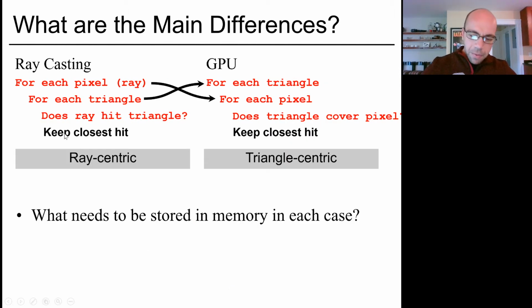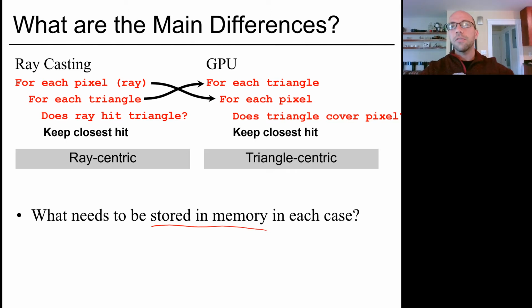So let's compare ray casting and ray tracing to the GPU-based rasterization methods. One of the really critical considerations that we might use to compare these different options is to ask what needs to be stored in memory in each of these two algorithms. So let's think for a minute. In the ray casting algorithm, as I send rays out, I don't know where they're going to end up, right?